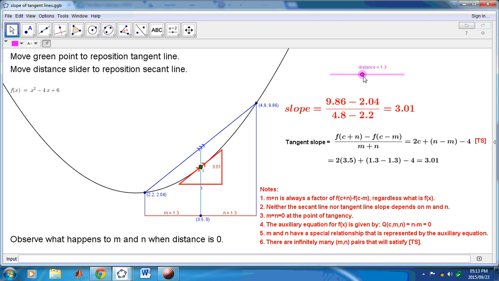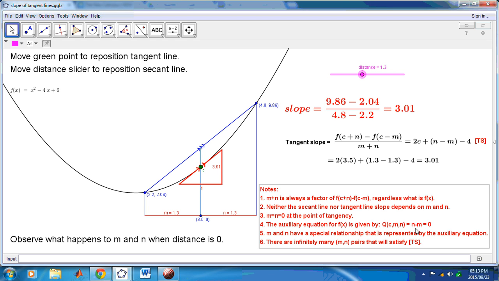It's very easy to prove that the auxiliary equation is equal to 0, but that's not the purpose of this particular lesson. All I'd like to do is just get everyone up and going on the new calculus derivative, which is this here.